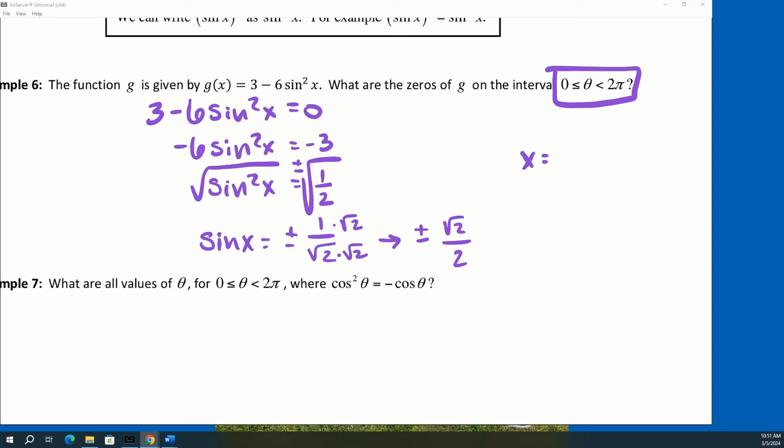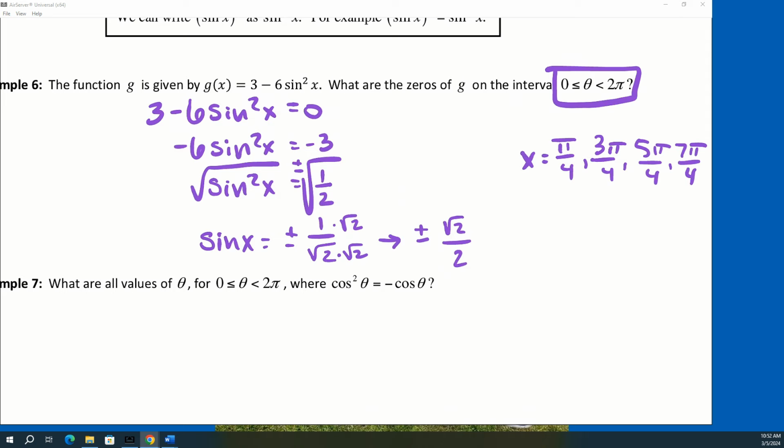So with these ones where you have the positive and negative, if it's one of the slanted angles, you're going to have 4 answers. And they'll be related. Like they'll all be the pi over 4s, or they'll all be the pi over 6s, or pi over 3s.